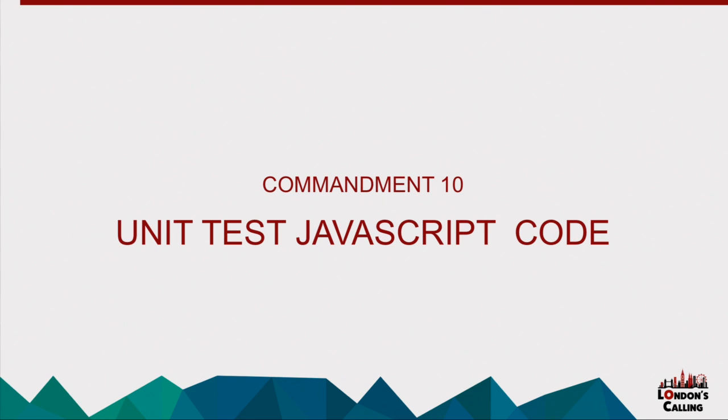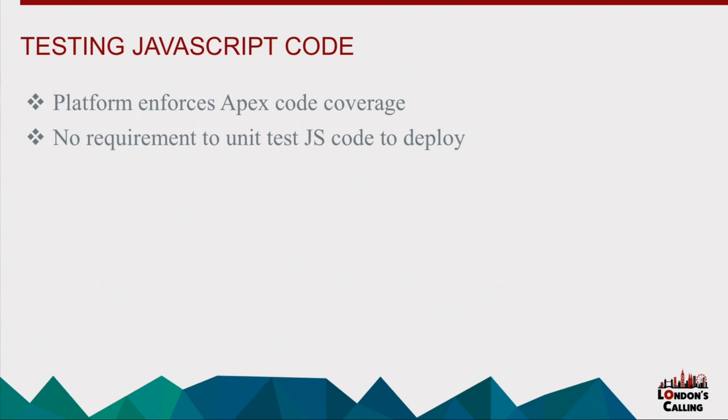Commandment 10: unit test your JavaScript code. As Apex developers, we all know the platform enforces Apex code coverage. You have to have 75% code coverage, by any means possible, but you have to have that. There is no requirement to unit test JavaScript code to deploy, but that doesn't mean we shouldn't test it.